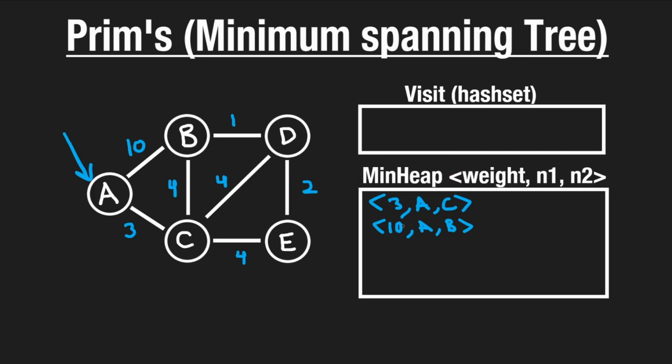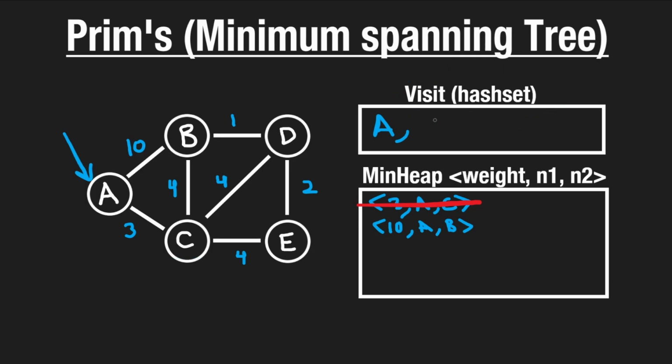So we're going to pop from the min heap the one with the smallest weight. So we're going to pop this one where we have nodes A and C. Oh, and by the way, before we even did any of this, since we started at node A, it would have been added to our visit set immediately. So now we popped this edge and we arrive at C. As soon as we do that, we're going to take C, check it's not already been visited.